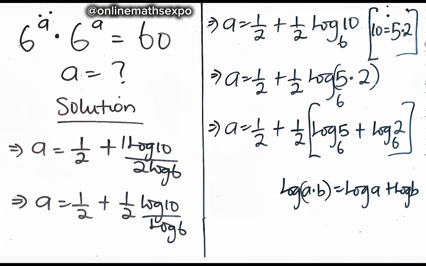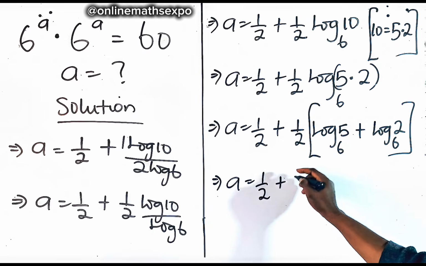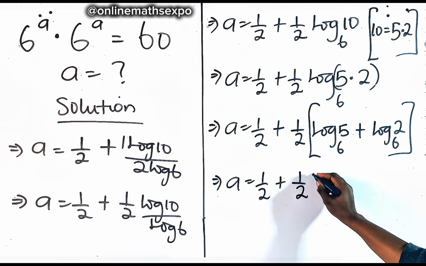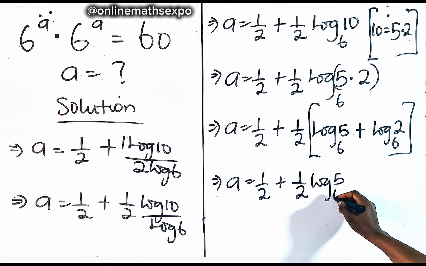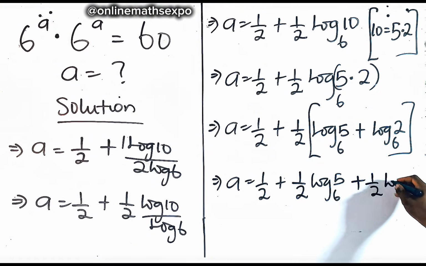So if we simplify, we now have A is equal to 1/2 plus, use this to distribute. So we have 1/2 log 5 base 6. Use this to distribute. We also have half log 2 base 6.